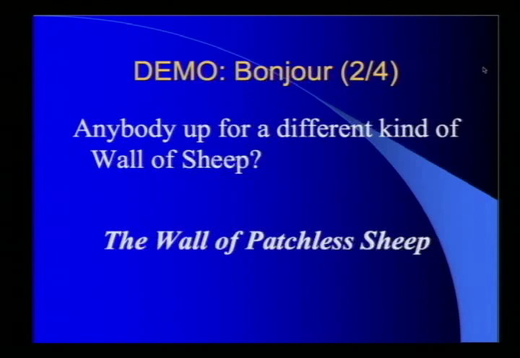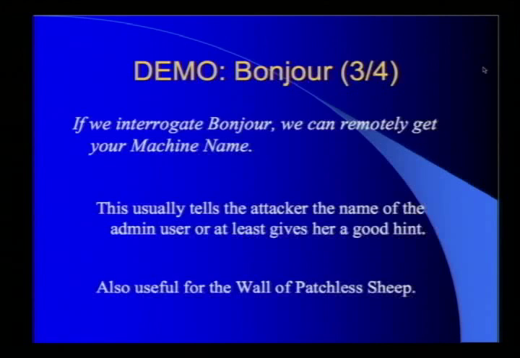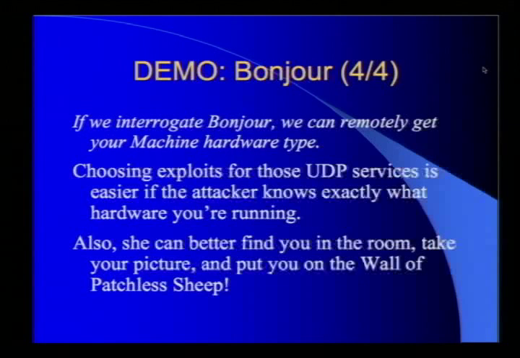And now I want to introduce a new kind of wall of sheep, which I'm hoping people will set up tomorrow, which is the wall of patchless sheep. At least patchless Mac sheep. Okay, if I interrogate Bonjour, I can get your machine name. Usually it tells the attacker the name of the admin user, since part of the admin user's name goes in the default machine name. Okay, that's good. I get the account that I need to brute force. Additionally, the admin's name is also useful for the wall of patchless sheep. What else?